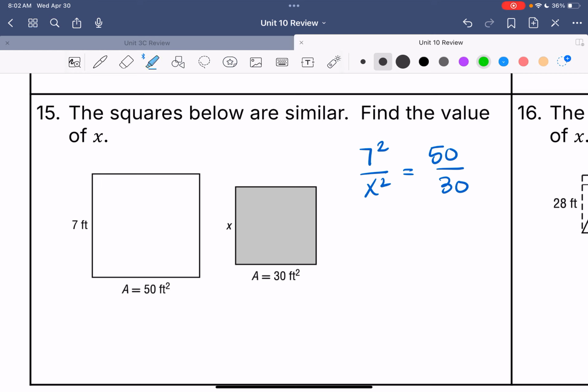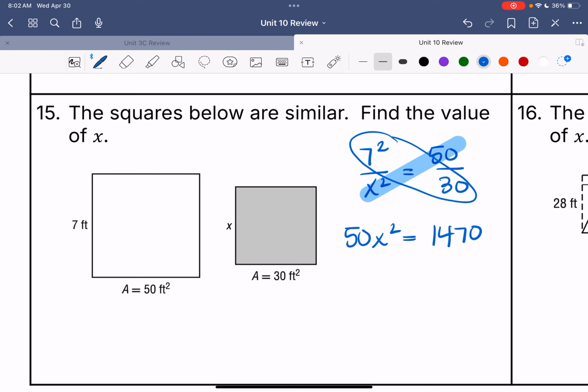Okay, so cross multiplying, I'm going to do this direction first. So 50x squared equals, and then now let's go this direction. 7 squared times 30 gives me 1,470. Let's divide by 50.